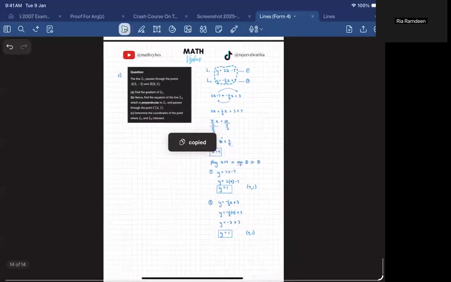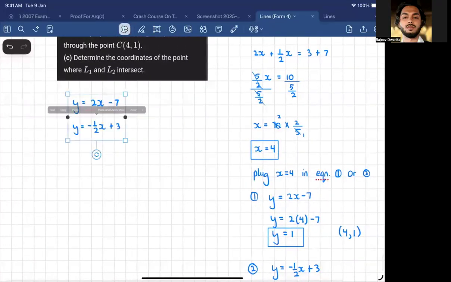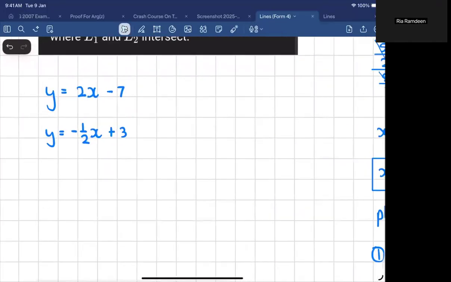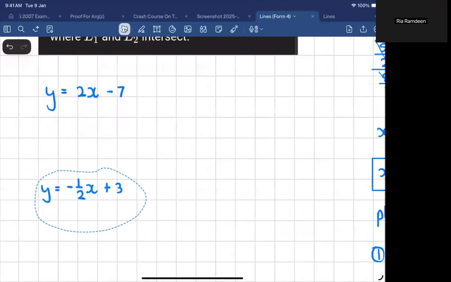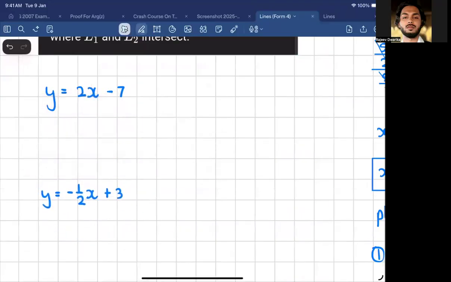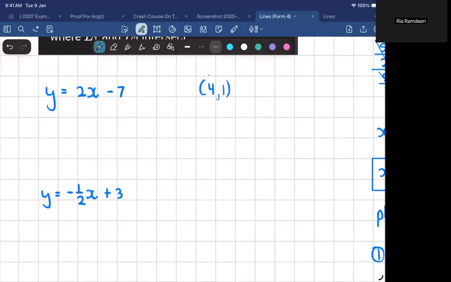Maths is very cool. The first equation was saying that y is equal to 2x minus 7. The point we got was 4, 1. What was x there? 4. What was y? 1. So y would be 1, and that should be equal to 2 times 4 minus 7.